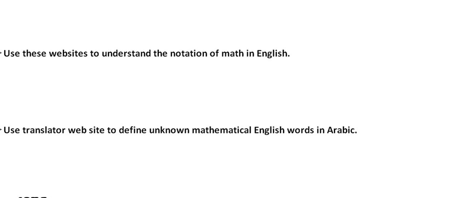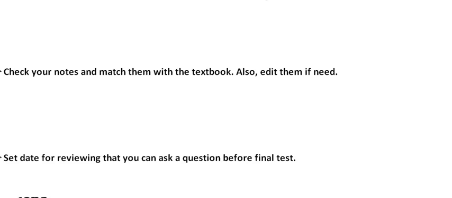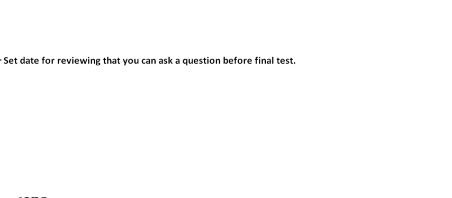In the first 3 weeks, there was a lot of notation I didn't understand, and I said, I don't know what that means. So it was really helpful, same as the translator website. And check your notes and match them with your textbook.